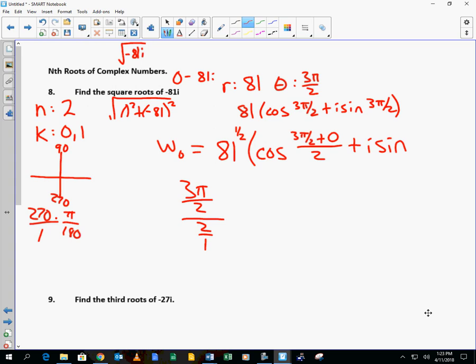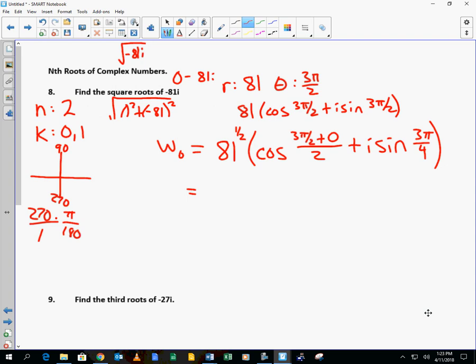So you multiply by the reciprocal, and you get 3 pi over 4. So if you take 3 pi over 2 and divide that in half, we get 3 pi over 4. I just used some space to simplify, and now I'll continue on that track.